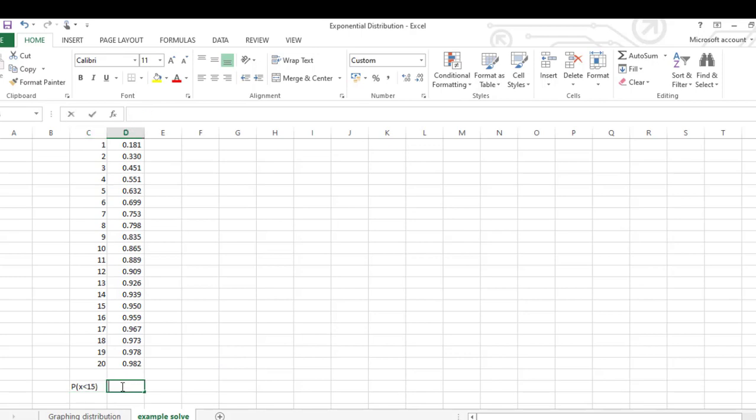So how would we calculate it? We can easily see that probability of getting x less than 15 is the cumulative probability which we have calculated over here, that is 0.95. Okay, so this would be 0.95. So this is the same answer which we have got theoretically. Thank you.